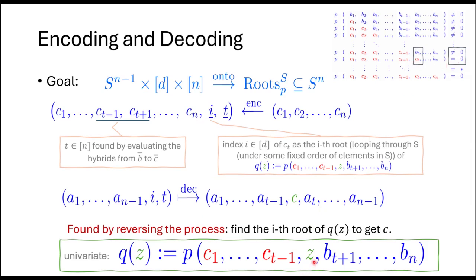So CT is by definition the ith root of this univariate polynomial Q(Z) for some I. We can have an order on S, go element by element over the set S, and find out which position the root is. Is it the first root, the second root, the third root, or the ith root, and so forth. If it is the ith root, we put here I. And that's the encoding. So it's quite simple.